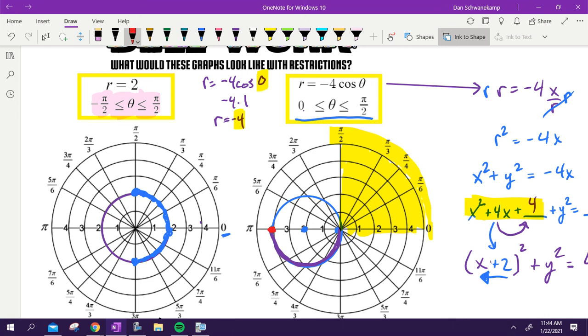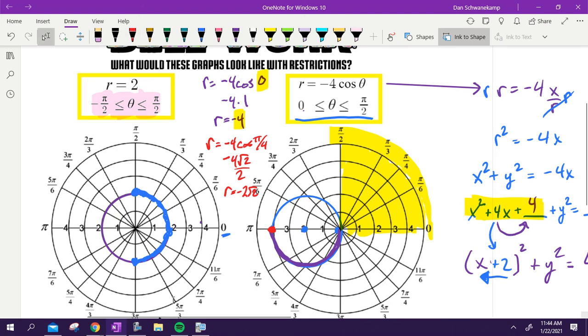Let's do the next one. What's another good angle to plug in? Let's go pi over 4, 45 degrees. So it's going to be -4 times cosine at pi over 4, which is √2 over 2. So my radius is going to be -2√2.